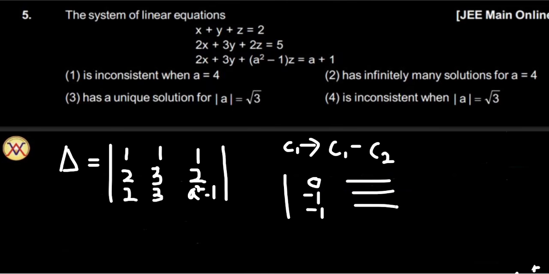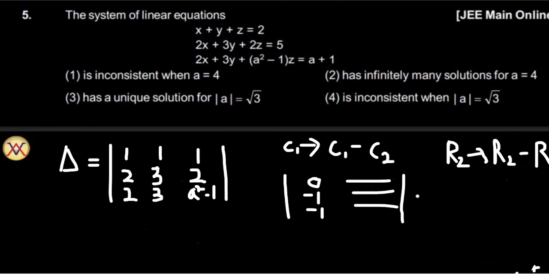Now what we're going to do is apply another row operation, right? We can see that row 2 has minus 1 and row 3 has again minus 1. So what we're going to write is that row 2 goes to row 2 minus row 3, right?